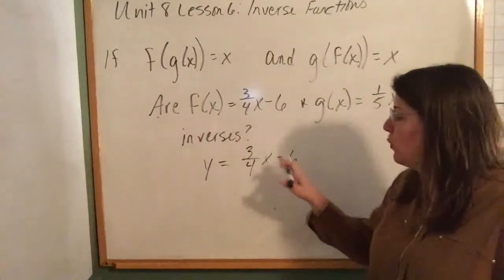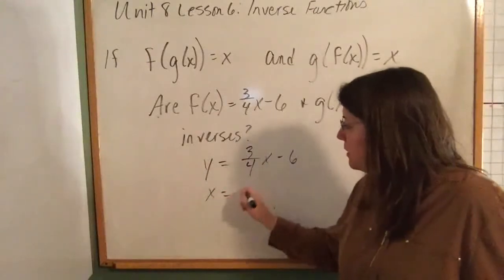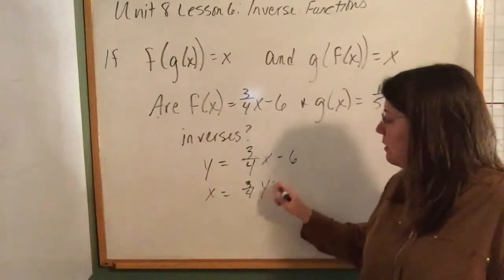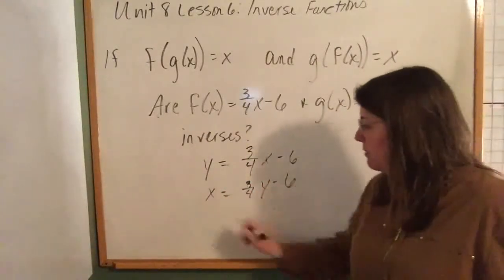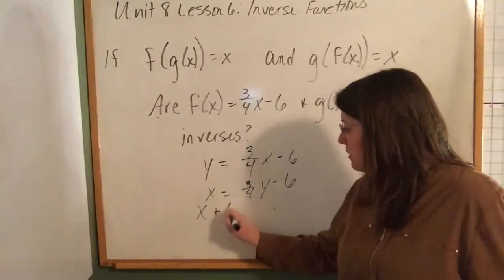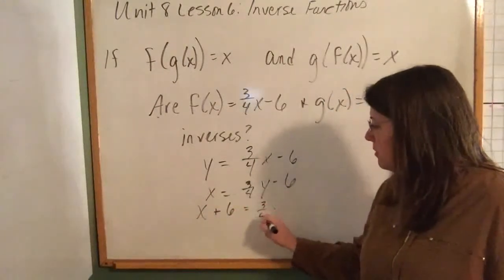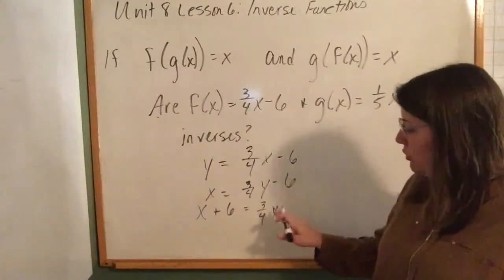And then I'm going to swap the x and the y. And then I'm going to get y by itself. I'm going to add the 6 over, and then I'm going to multiply by 4/3.